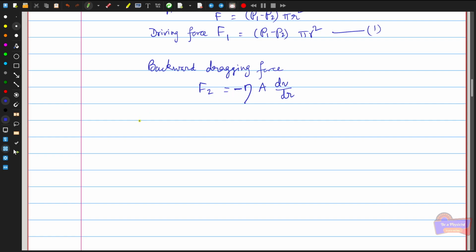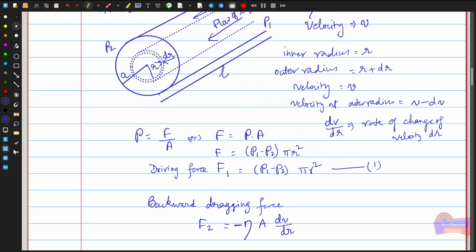Okay, so you can find the area of cross section of this small cross section. That means A can be written as the circumference into the length. The circumference is 2 pi r, multiplied by the length L, so the area is 2 pi r into length.